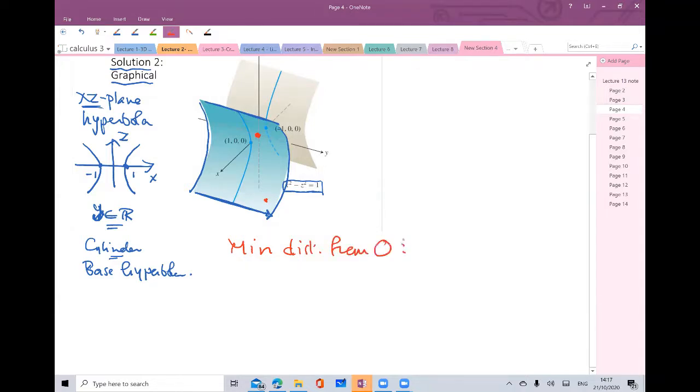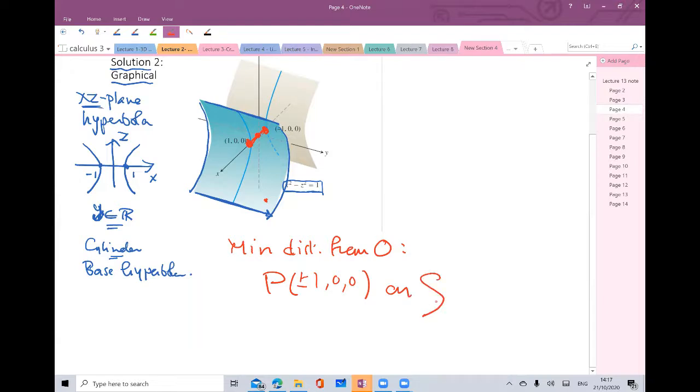What are the points on the surface that are nearest to the origin? They are (1, 0, 0) and (-1, 0, 0). These are the points that I got using my mathematics before, using my critical points. So it's clear that these 2 points are the nearest points. The points plus or minus 1, 0, 0 are the points on the surface.